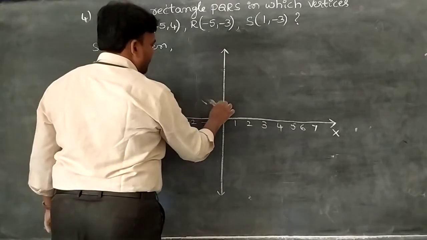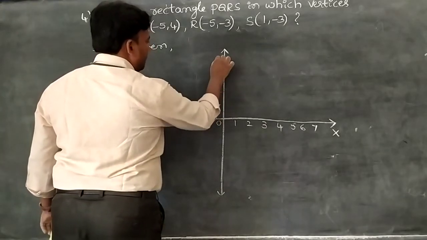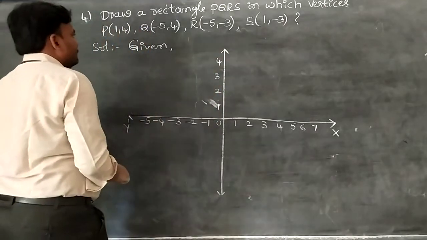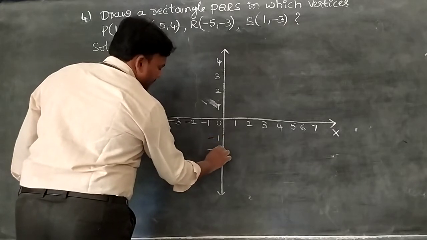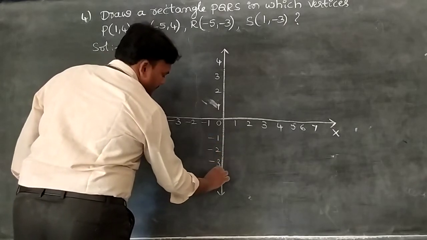Next, 1, 2, 3, 4 upward, and downside minus 1, minus 2, minus 3, minus 4.